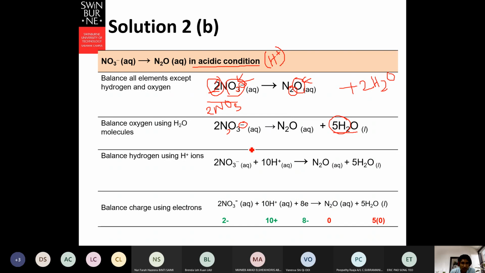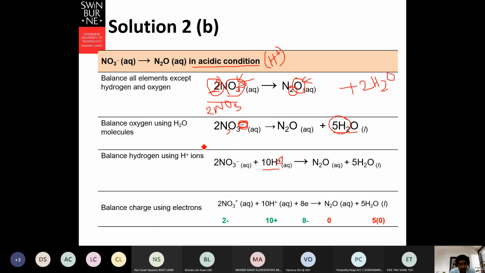But we have to consider the charge of the hydrogen. The 10 hydrogen that we have taken from the acidic condition comes with 10 positive charges. We cannot just take the hydrogen; the positive charge also comes along. To balance this, we already have 2 negative charges here.